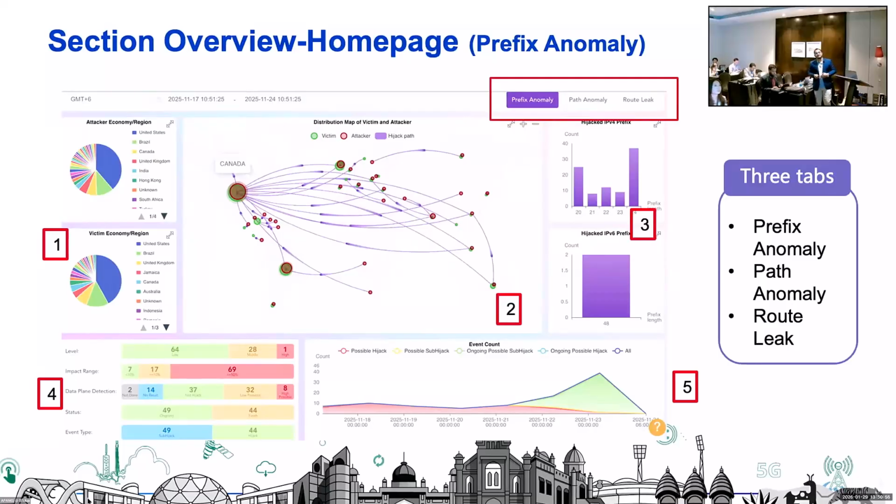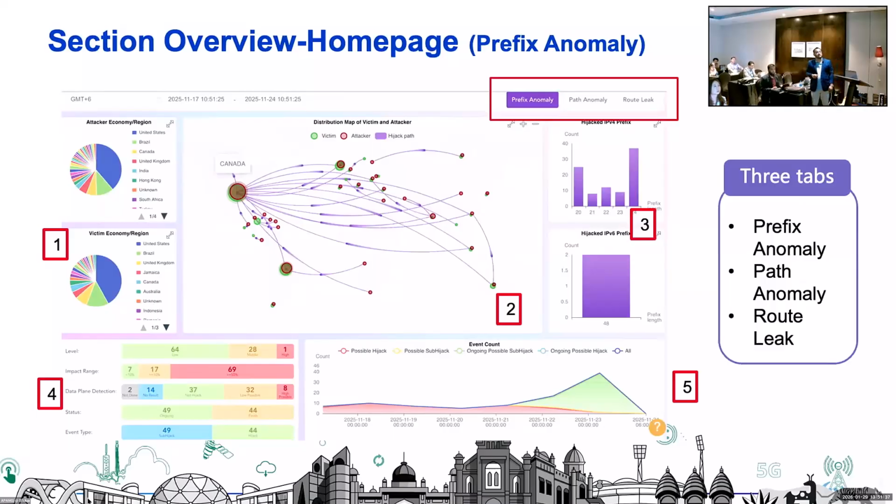On the right side, you will see the hijacked prefix information, like how many IPv4 prefixes were hijacked in your given time period, and how many IPv6 prefixes were hijacked in your given time period. This bubble chart is a global distribution map.